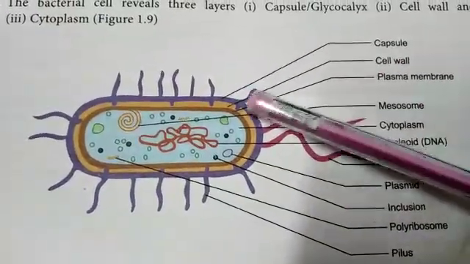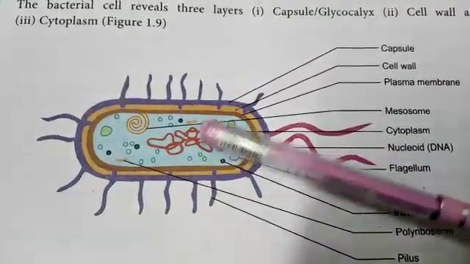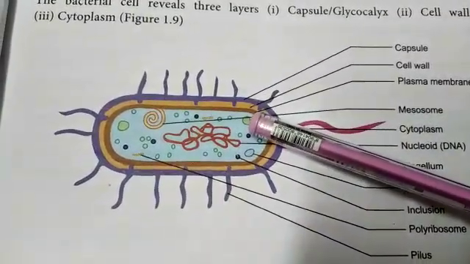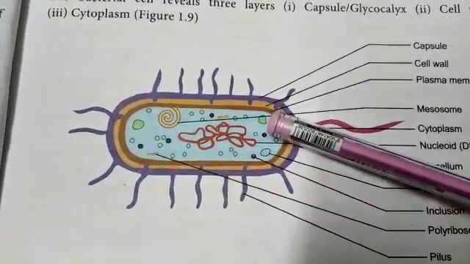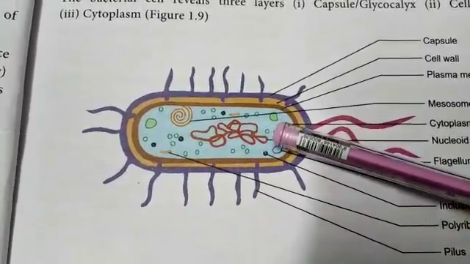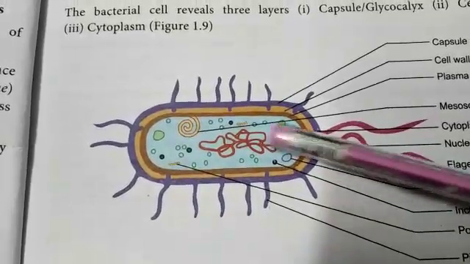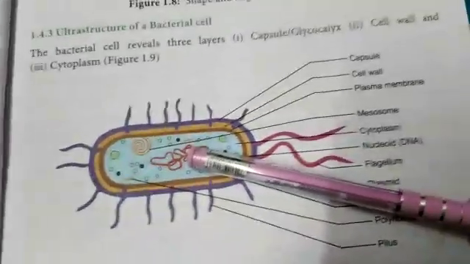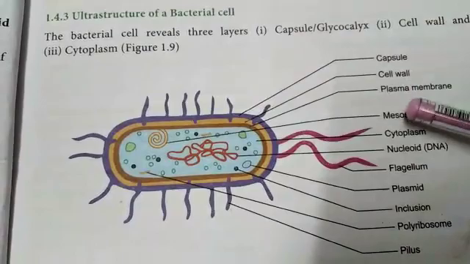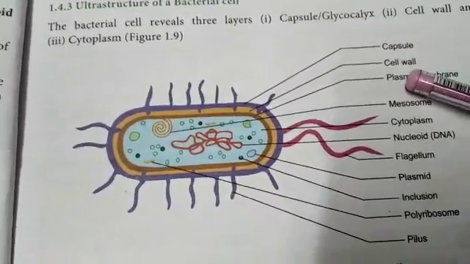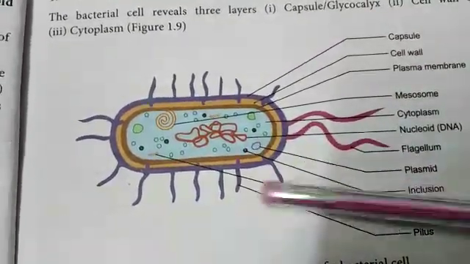Inside the plasma membrane there is oxidation of metabolites for the respiration chain, and the photosystem of photosynthesis enzymes is also present. So, capsule, cell wall and plasma membrane. Next we have to learn the cell organelles.